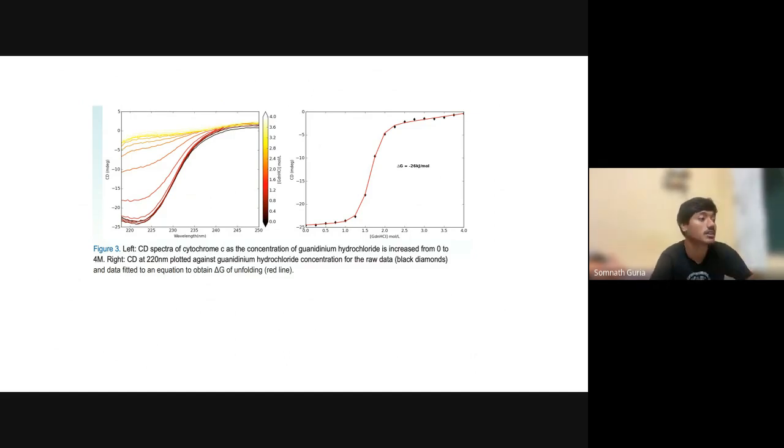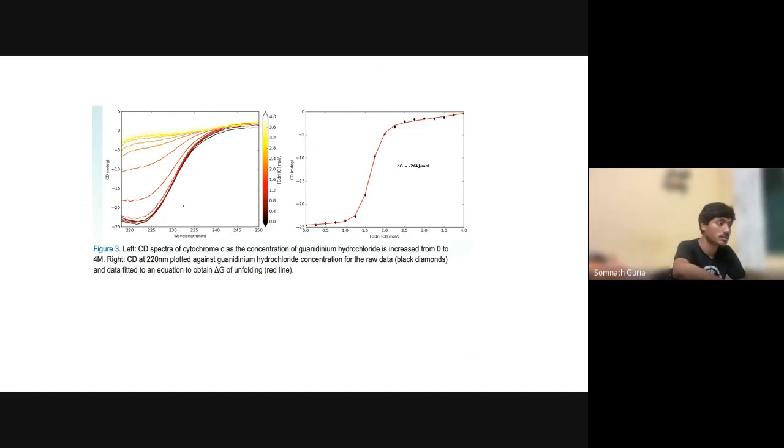Here this is the CD spectra of cytochrome. Cytochrome is an enzyme. We have cytochrome C, and people include guanidinium hydrochloride, which is a denaturing solution. In presence of this solution, the protein becomes denatured, with increasing solution concentration. The guanidinium hydrochloride concentration was 0 to 4.